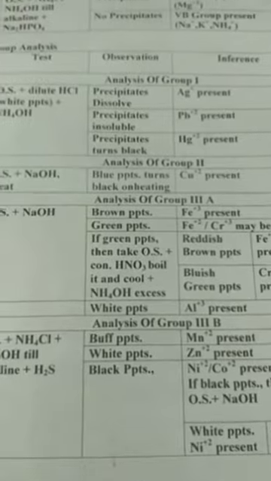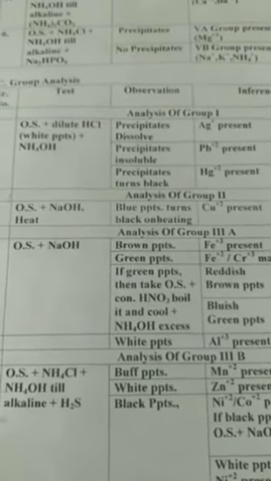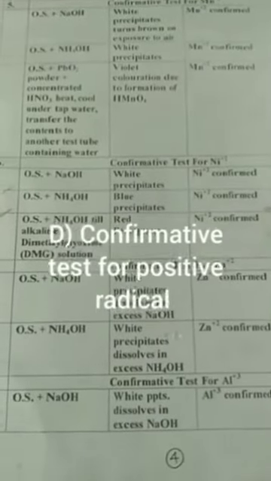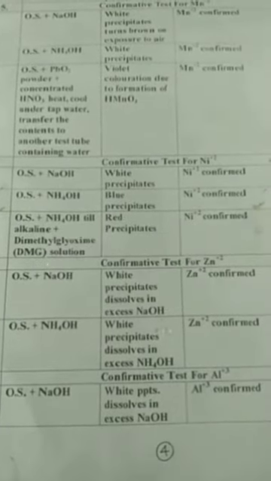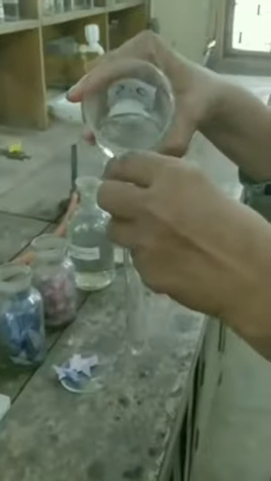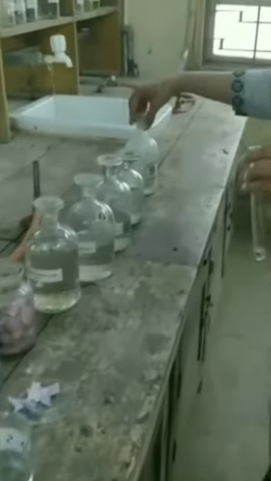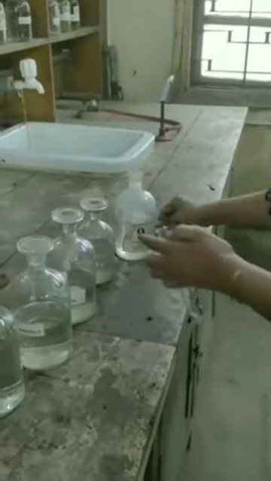Now we will do the confirmative test for Zn+2 in our D part. You can see the scheme. There are two confirmative tests given in the scheme. First is OS plus NaOH. So we will take OS in a fresh test tube. Into this we will add NaOH.